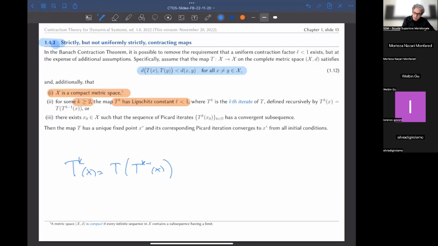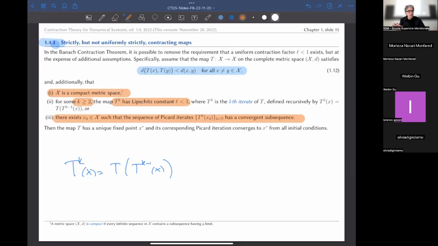Another condition under which you know that the Picard iteration works from all initial conditions, I apologize, here I'm using the word condition in two different meanings. So another sufficient property that ensures convergence of the Picard iteration from all initial conditions is if you can prove that there exists one initial condition such that the sequence of Picard iterates has a convergent subsequence.